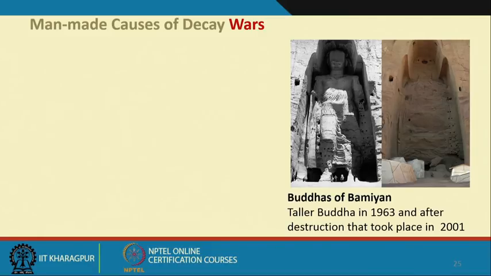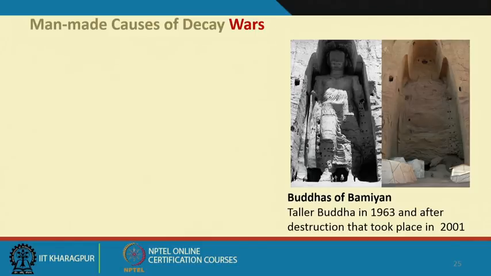The Bamiyan Buddha was located on the Silk Road, and it was among the tallest Buddhist structures. In the 70s, the Archaeological Survey of India, with an understanding with the government, went there, helped to restore it, and it was restored.